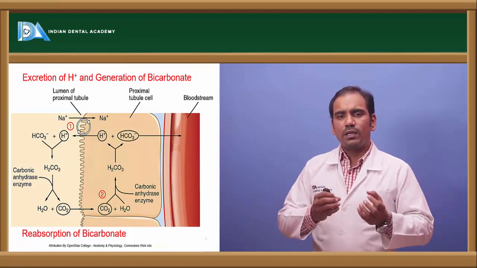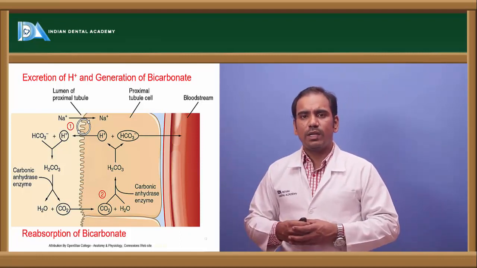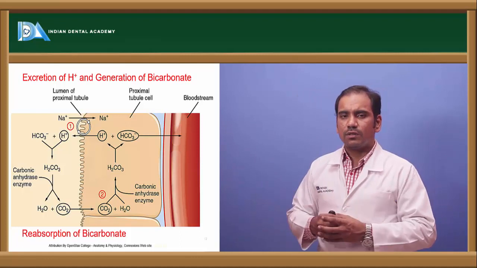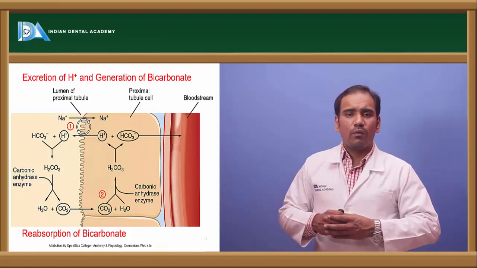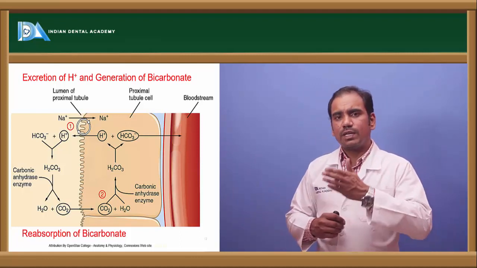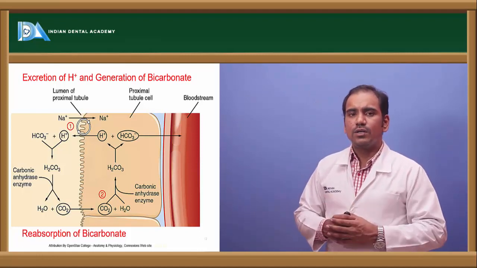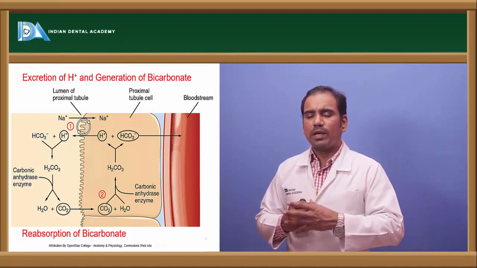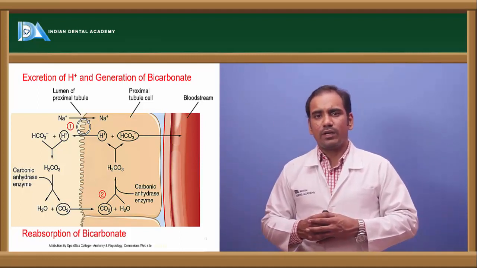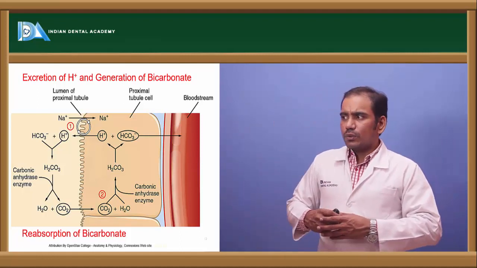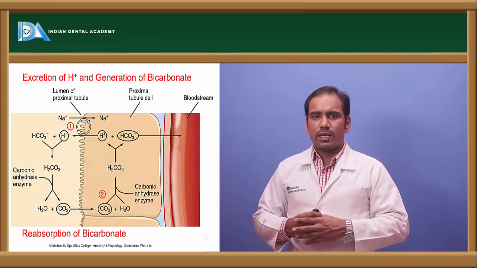That bicarbonate is reabsorbed, enters into the blood, so that is preserved. So what happens to H plus ions? Those H plus ions enter into the tubular lumen in exchange for the sodium ions. The source of sodium ions here is sodium bicarbonate. Right? So this is excretion of H plus ions.